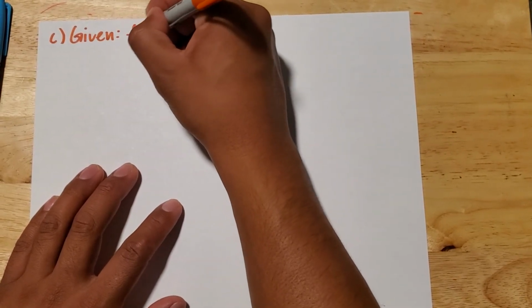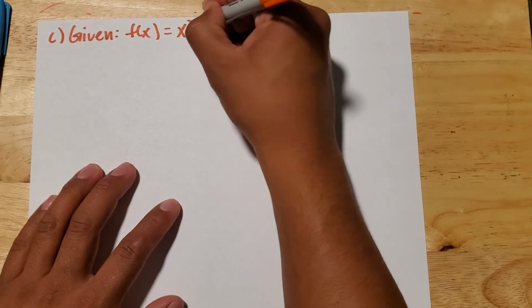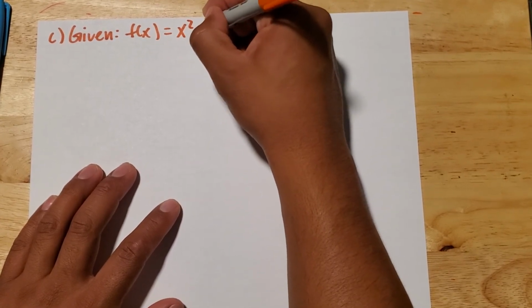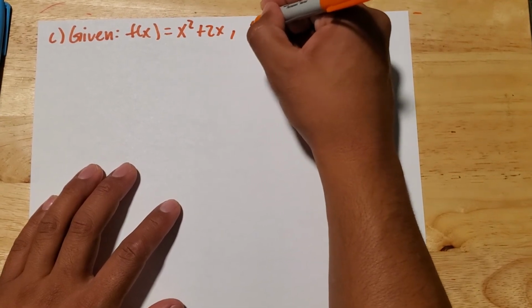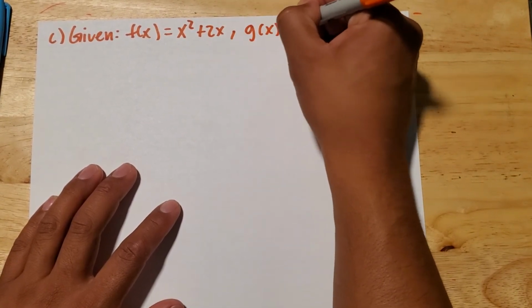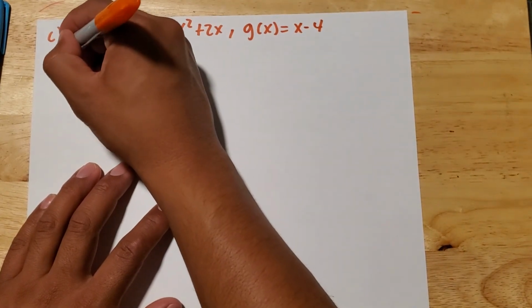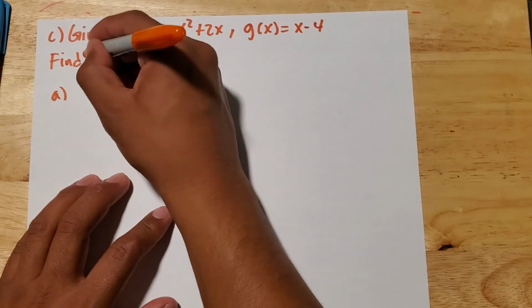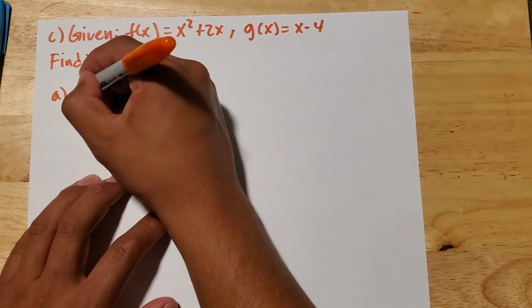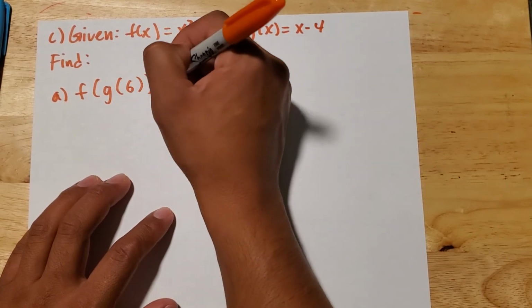Let's say we have f of x is equal to x squared plus 2x. And g of x is equal to x minus 4. We're going to try to find, first one, f of g of 6.